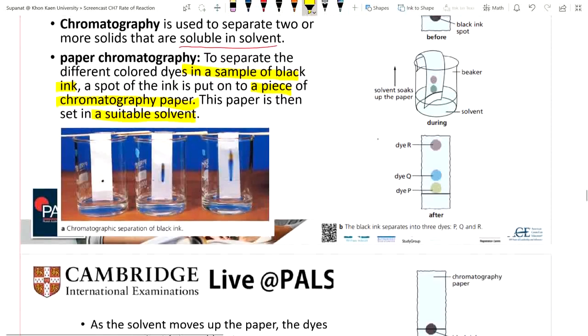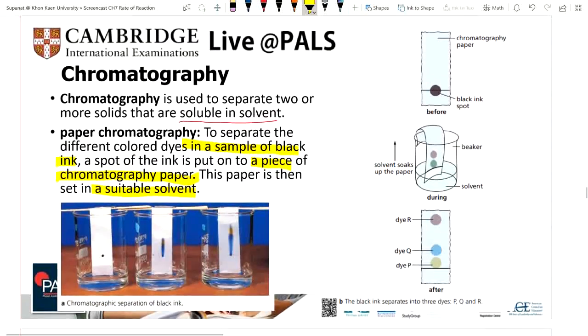Let's have a look here. The black ink was spotted here, the starting point. After that, we dip it in the solvent, and this is the way the solvent soaks up the paper.